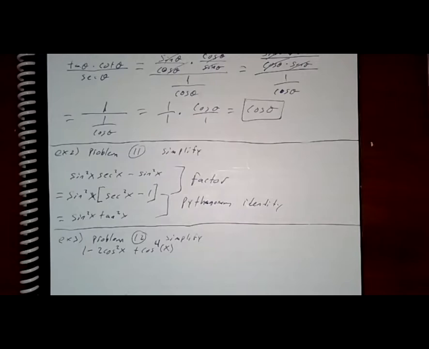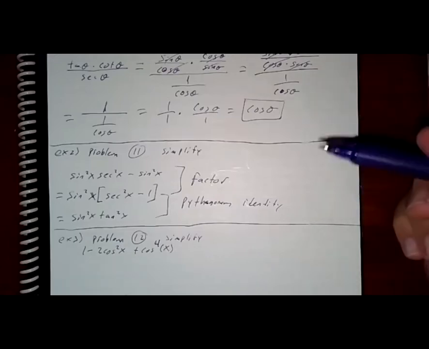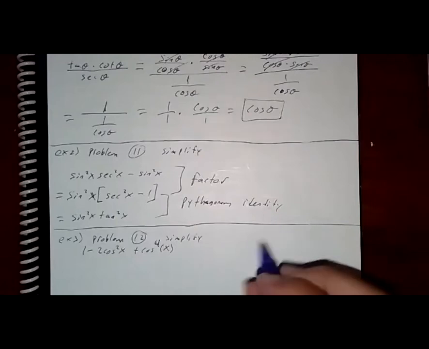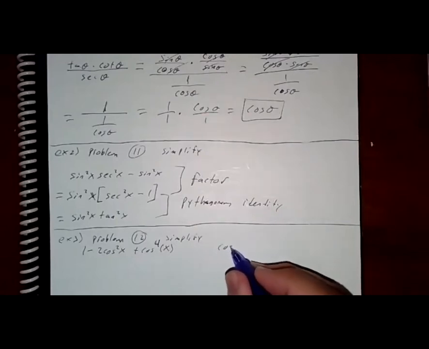So what do you guys think we should do first? Based on the formula, we know that cosine squared, let's try this route.